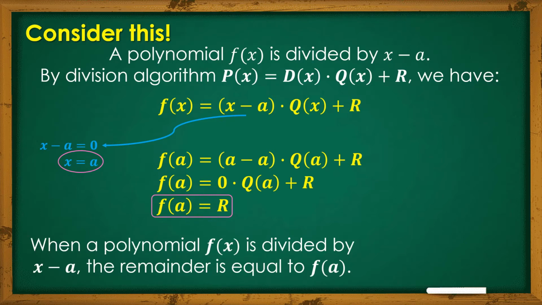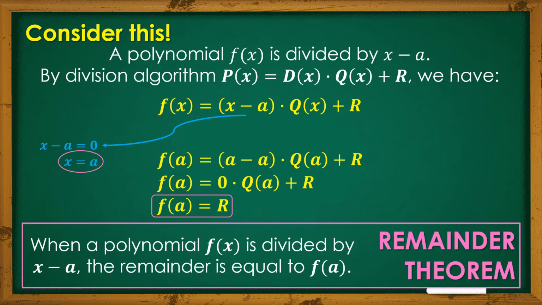So, ibig sabihin, when a polynomial f of x, or yung dividend, is divided by x minus a, ang remainder na makukuha natin is equal to f of a. Kaya kapag ginamit natin ang value ng x sa ating polynomial or sa ating dividend, it will result to the value of the remainder. At ito ang tinatawag nating remainder theorem.